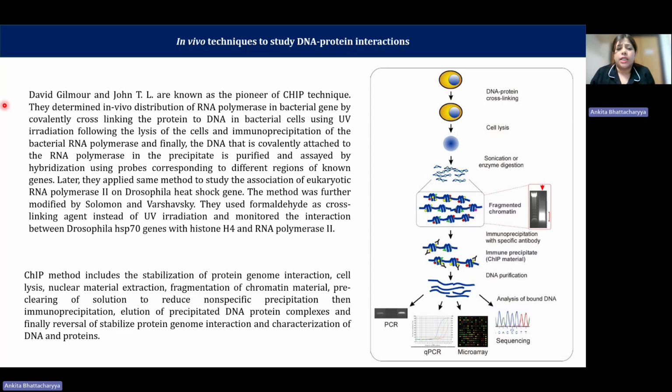So UV cross-linking is something that has been done for a while, but now there have been modifications to this protocol, which has been standardized and is found to work pretty well. And we will discuss it also.